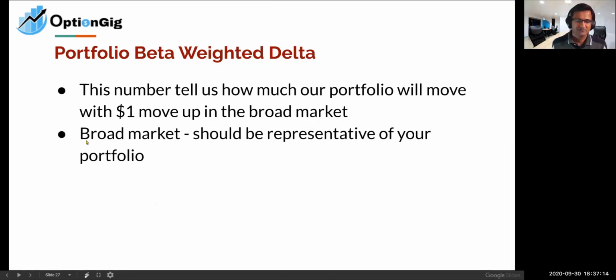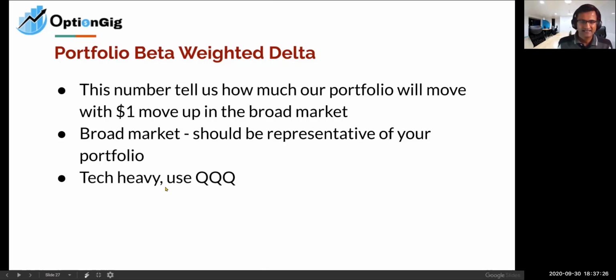Now, the biggest thing is you need to make sure that the broad market you're looking at is representative of your portfolio. For example, if your portfolio is very tech heavy, with all the momentum stocks, I've got Facebook, Google, Microsoft, Fastly, CrowdStrike, Zscaler.